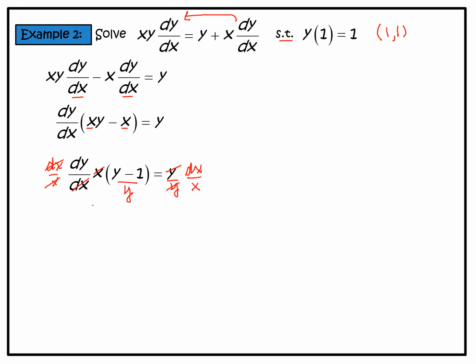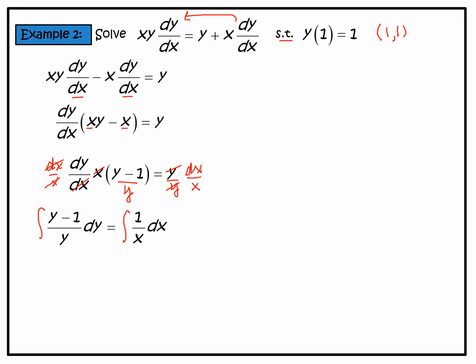We are then left with, on the left-hand side, (y minus 1)/y times dy, and on the right-hand side, dx over x, which we could write as 1/x dx. So we've got our variables separated. We integrate both sides.